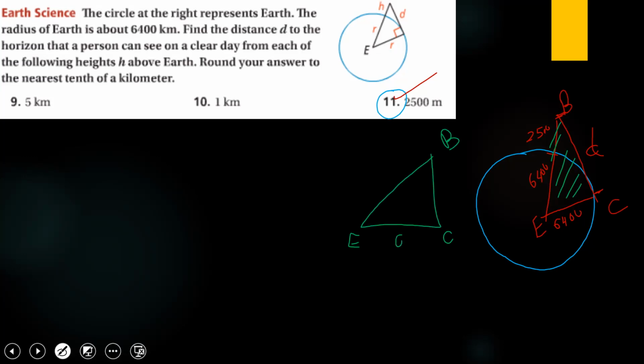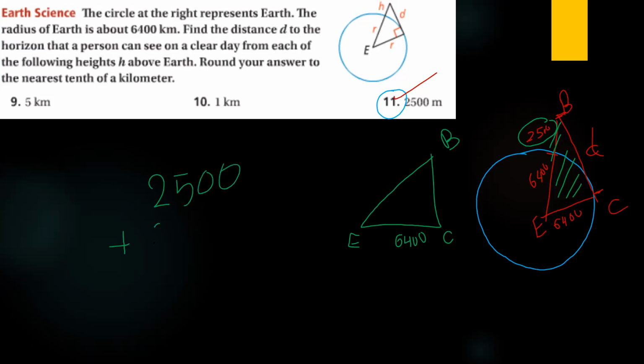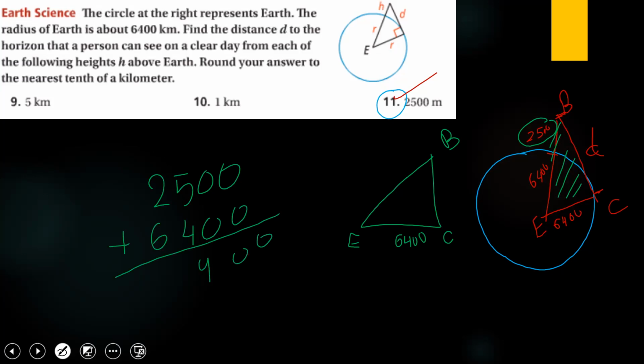here is 6,400, BC is unknown, and now notice the length of BE. BE is 2,500 plus 6,400, so you have to add 2,500 plus 6,400, which is 8,900.